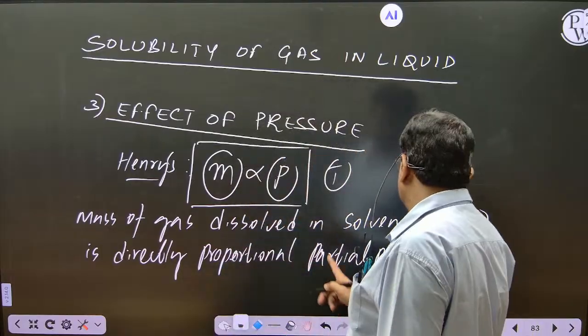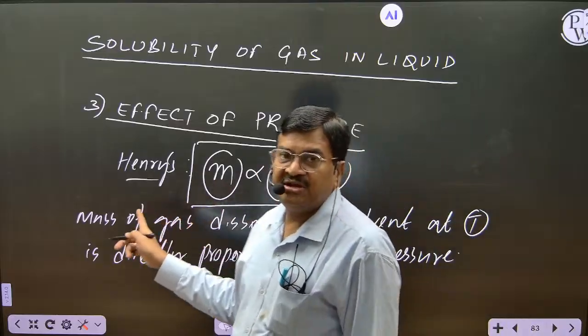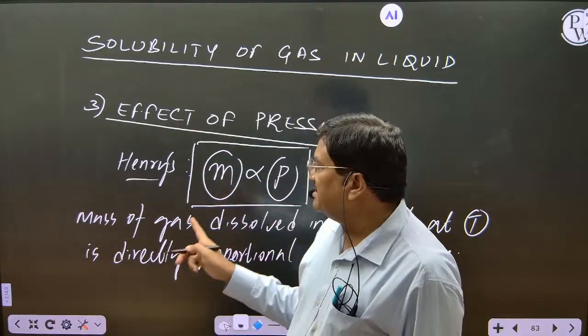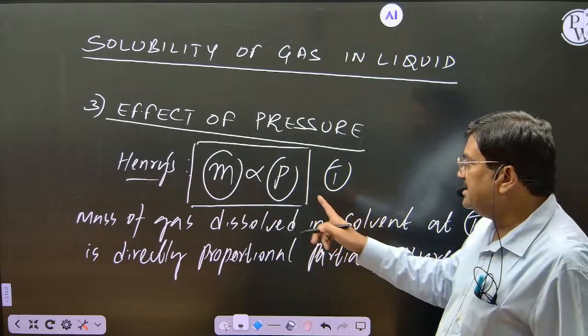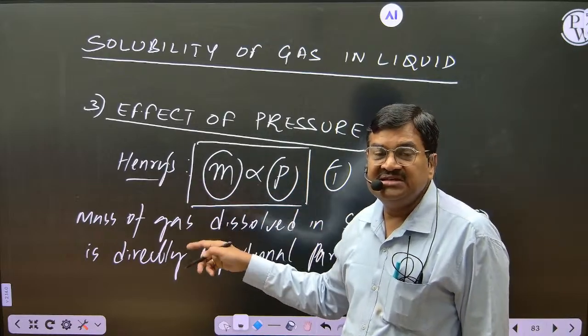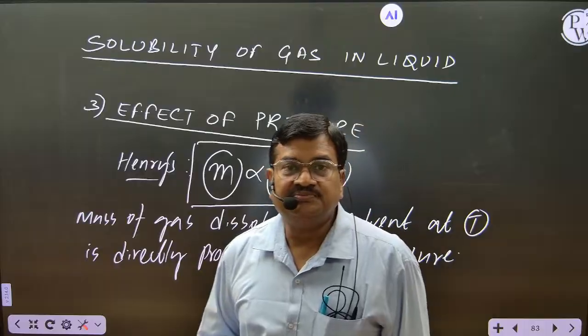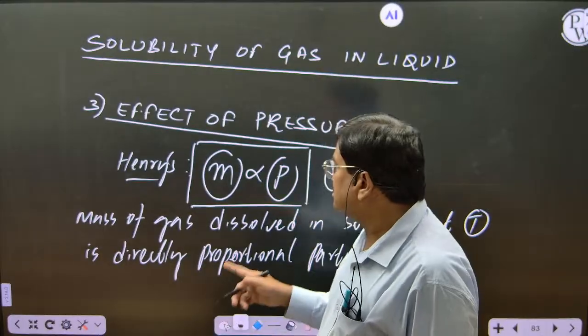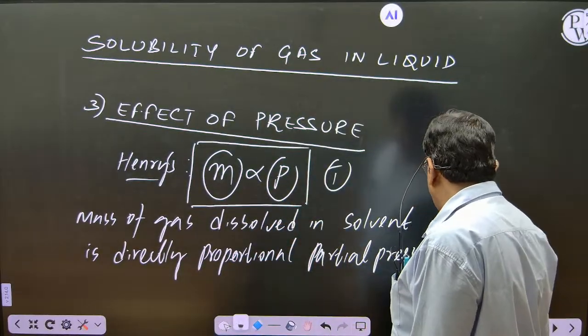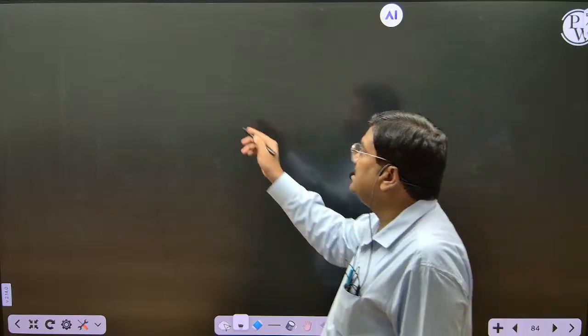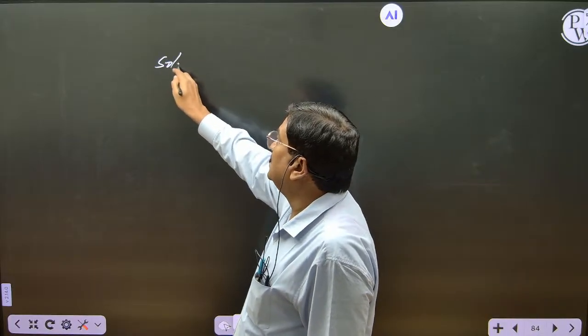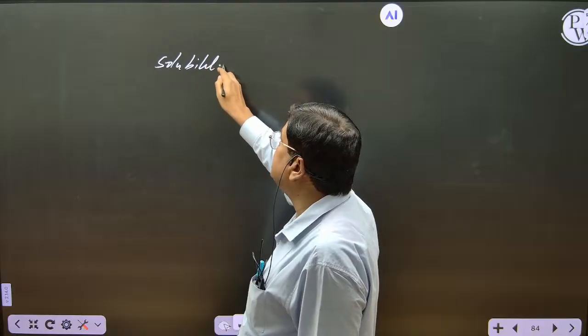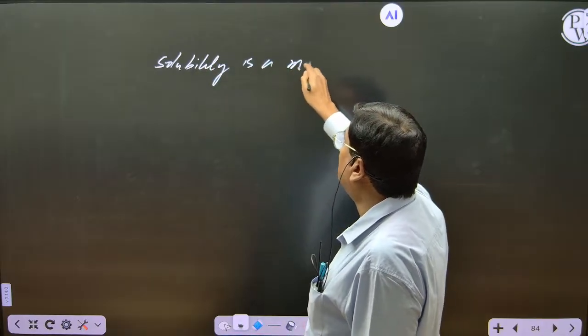Now see, coming to next, his own student called Dalton. Yesterday we discussed Dalton. So Dalton, what he considered, the solubility is taken in terms of mole fraction. According to Dalton, the solubility is a measure of mole fraction he considered. Solubility is a measure of what?